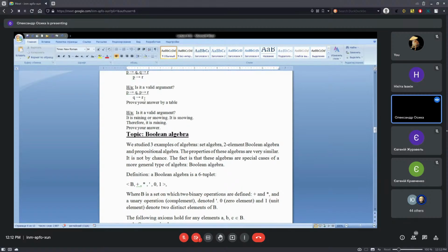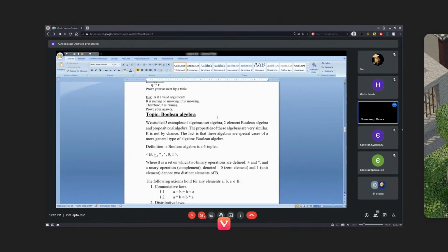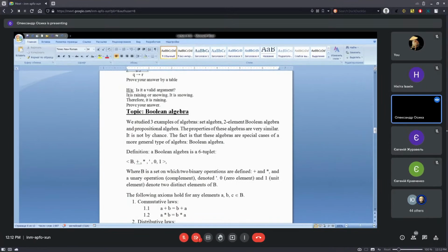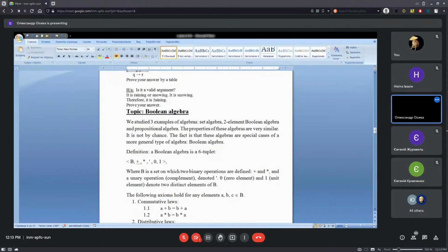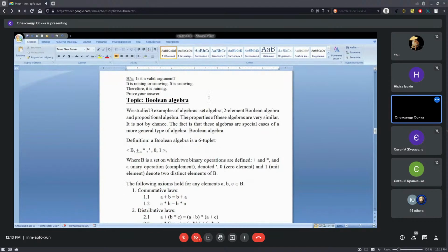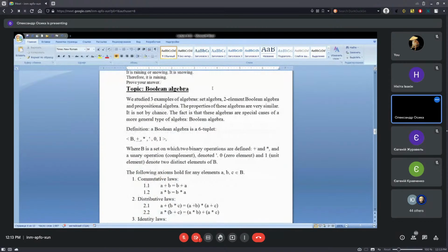You must say valid or invalid and prove your answer here. And here the same: you have to introduce the statement variables, and after that make formulas, and after that decide if it is a valid argument or not.